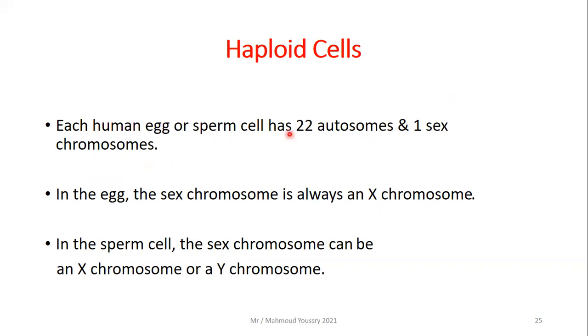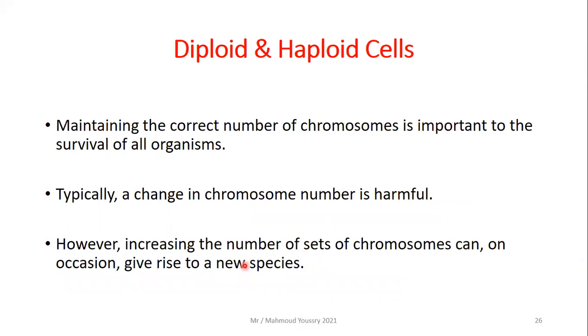In the egg, the sex chromosome is always an X chromosome. But in the sperm cell, the sex chromosome can be an X chromosome or a Y chromosome.